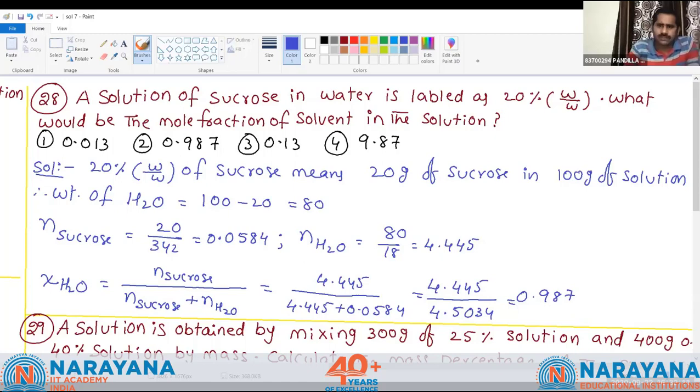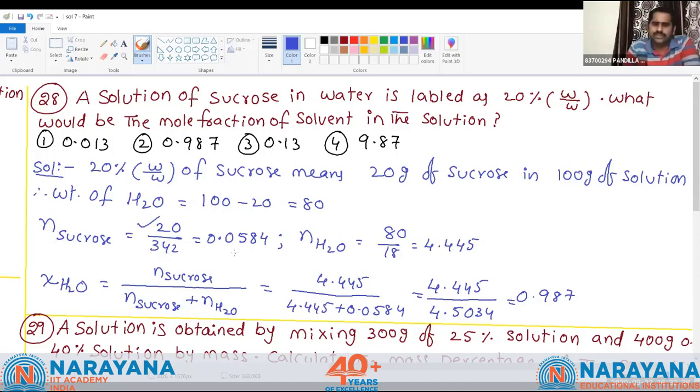Now the question is like this. 20% sucrose means 20 grams of sucrose in 100 grams of solution. The remaining is water, 80 grams. Number of moles of sucrose is 20 by 342, where 342 is the sucrose molecular weight.